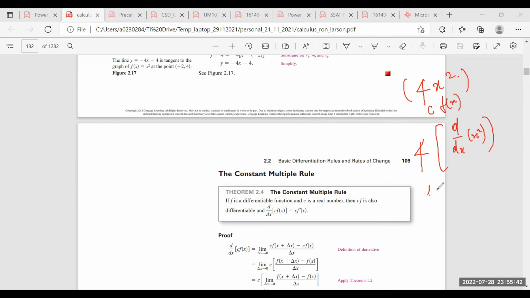Now what is d by dx of x square? That is going to be 2x, right? I've taken out the 4. So 4 times 2 is 8. 8x becomes your final answer. Does that make sense? Okay, so that's called the constant multiple rule.